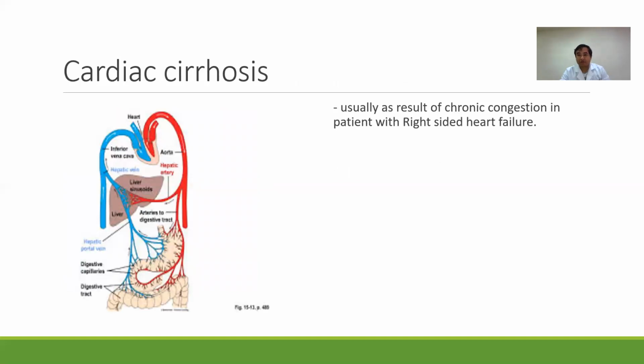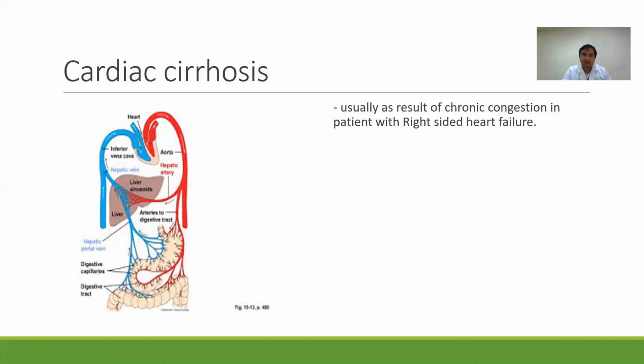Another important cause of CLD is cardiac cirrhosis. Cardiac cirrhosis is if you have right-sided heart failure, the most important cause of which is left-sided heart failure. And from the left side, it can come to the right-sided heart and cause right-sided heart failure.